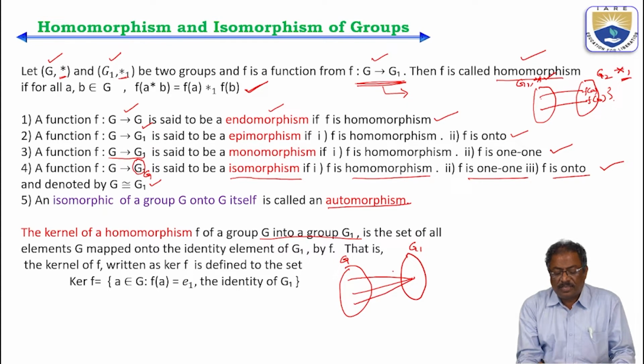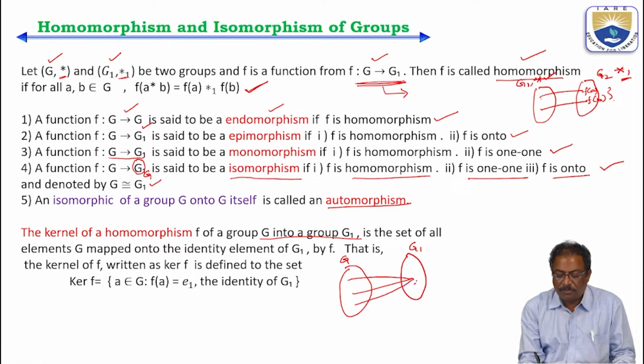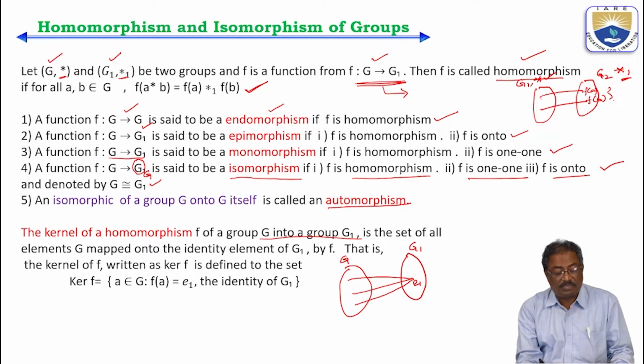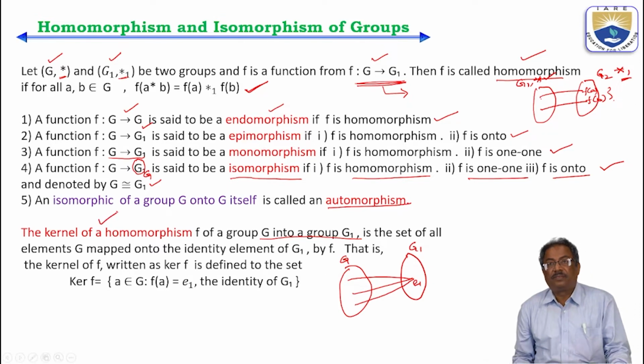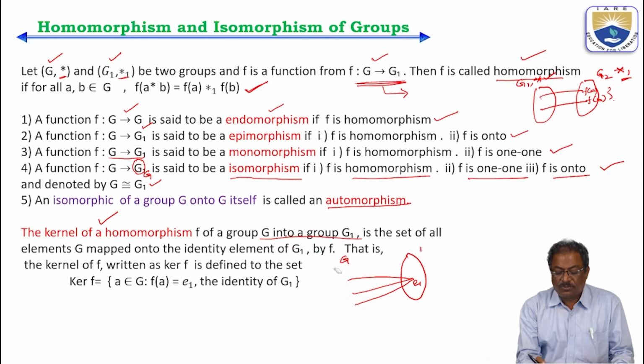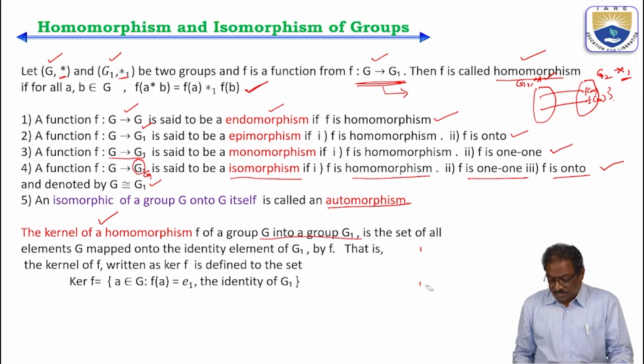So here F is a homomorphism from G into G1, and the set of all elements of G mapped onto the identity element, whatever the elements that are mapped to the identity element, it is known as the kernel of the homomorphism. So this we have to consider as the kernel of homomorphism.